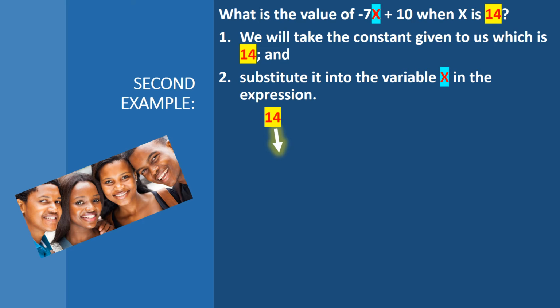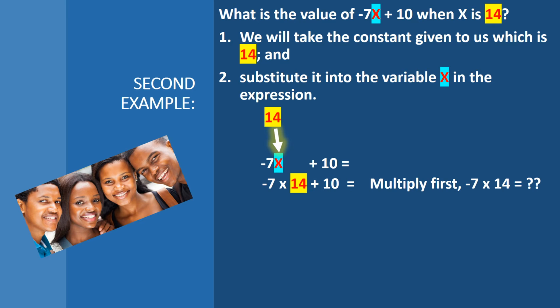So here's the second thing we're going to do. We're going to take that 14 and substitute it into the variable x in our mathematical expression. So here's my 14, here's my mathematical expression, negative 7x plus 10, and I'm going to put that 14 in for x. But remember, negative 7x really means negative 7 times x. So when I actually substitute, I get negative 7 times 14 plus 10.